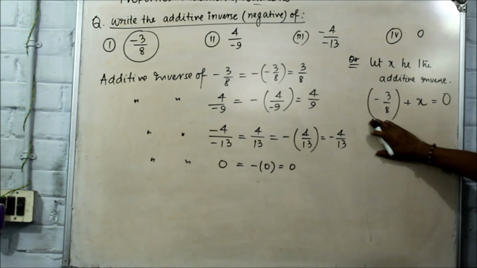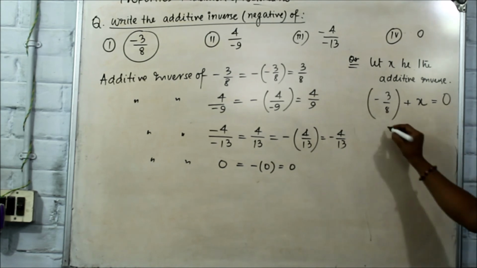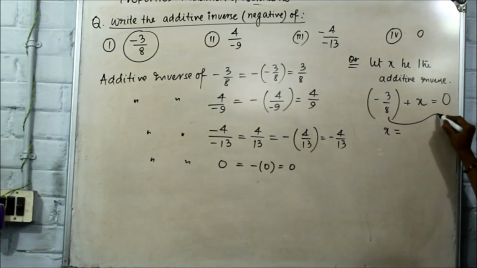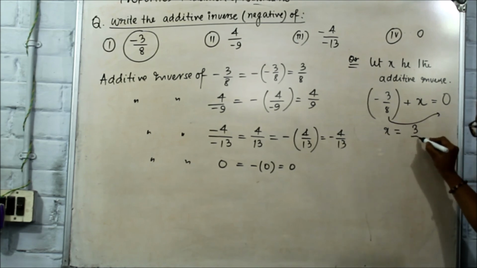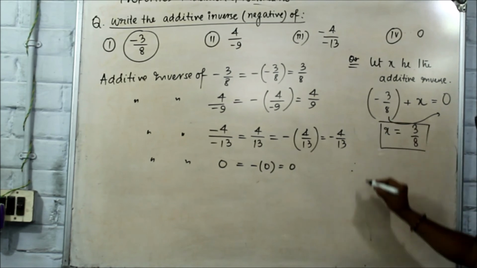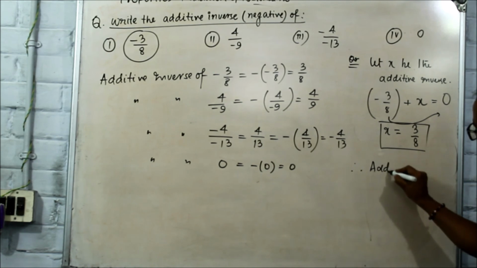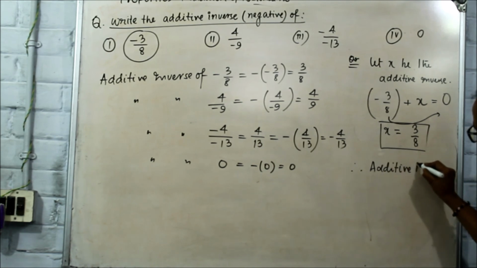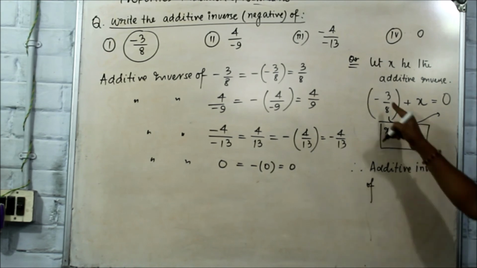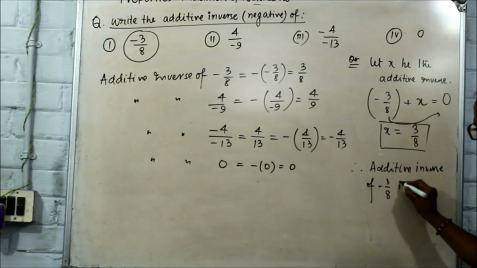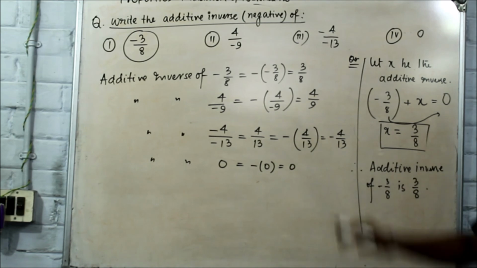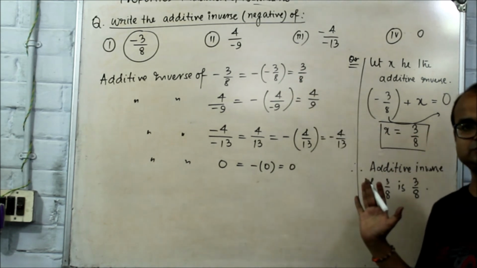Clear? So minus 3 by 8 plus x is equal to 0. So we can say x is equal to this minus 3 by 8. Once it changes the sign, it will become plus 3 by 8. So you will get x is equal to 3 by 8. That means you can write, therefore, additive inverse of minus 3 by 8 is 3 by 8. So it is the entire process, or you can solve it in this way also.